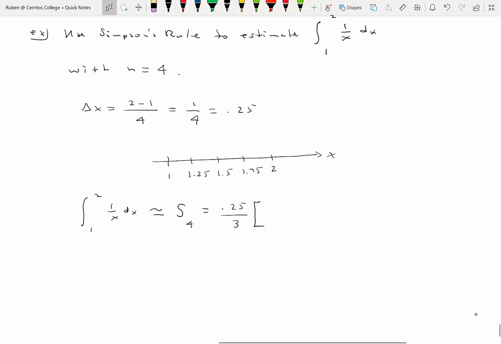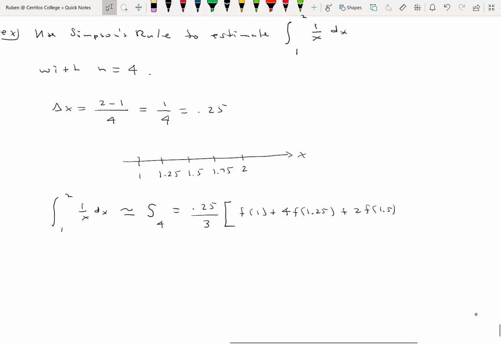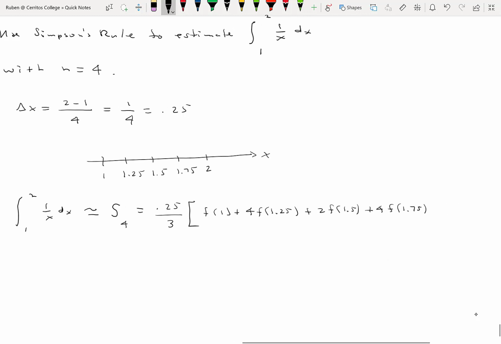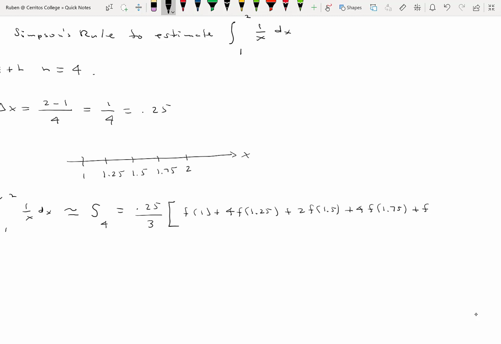So f of 1 plus 4 f of 1.25 plus 2 f of 1.5 plus 4 f of 1.75 plus the value at 2, f of 2. Alternating 1, 4, 2, 4, 1.